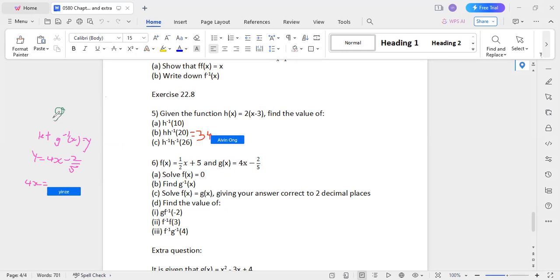F G x equals y, not G inverse. Okay. Mine would be f x equals y, is it? Yep, f x equals y. So y equals half x plus 5. How do you rearrange to make x the subject?